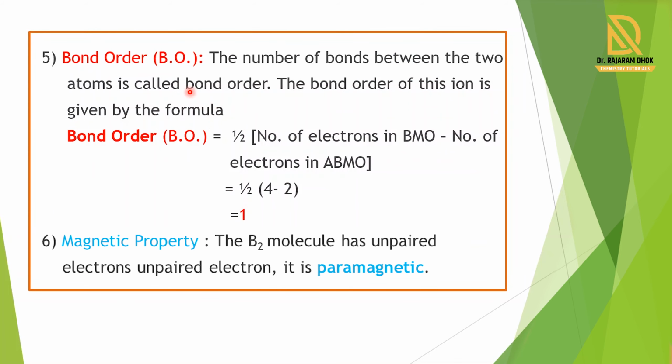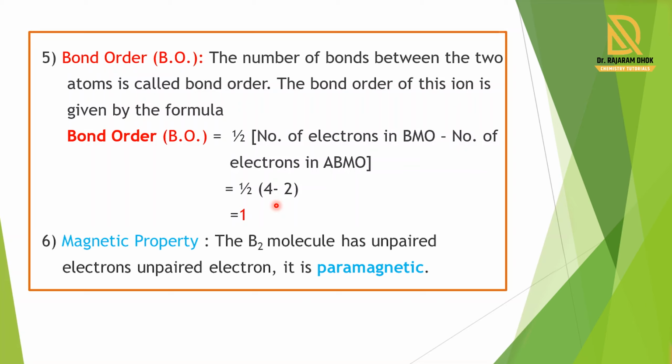The fifth point is bond order. The number of bonds between the two atoms is called bond order. Bond order is calculated by a simple formula: the number of electrons in bonding molecular orbitals minus the number of electrons in anti-bonding molecular orbitals, divided by 2. In bonding molecular orbitals there are 4 electrons.